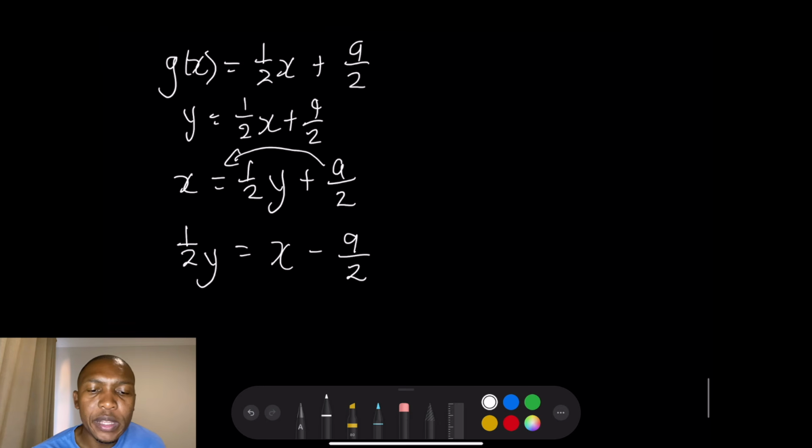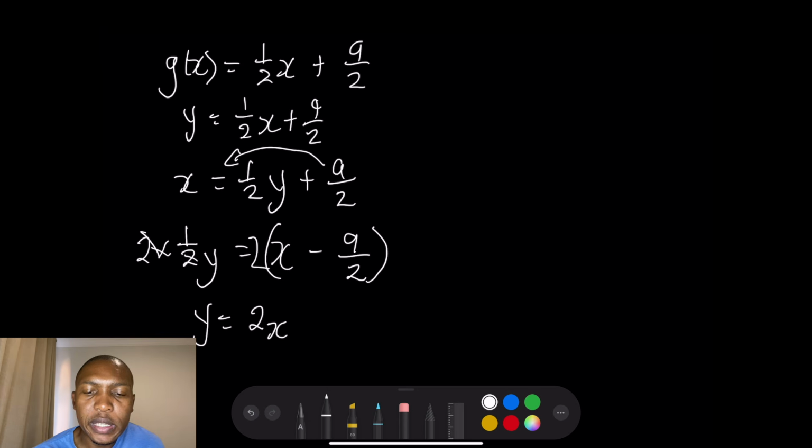Right, now what do I do? I multiply everything by 2 to get rid of that half. So that means that we're going to multiply even that by 2, so that cancels that. So y is equal to 2x minus 9.